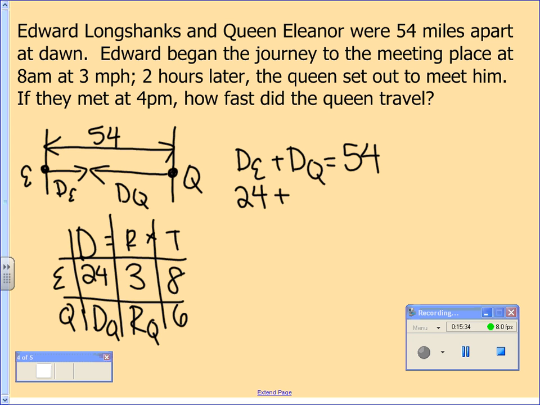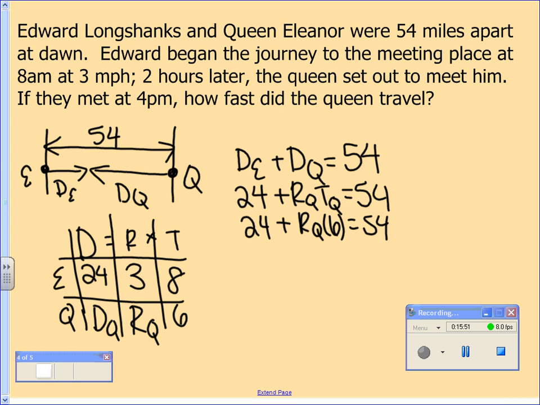And then the rate of the queen and the time of the queen equals 54. Does that make sense? Yes, we know the time of the queen is 6. Does that make sense? So can we solve for our RQ?